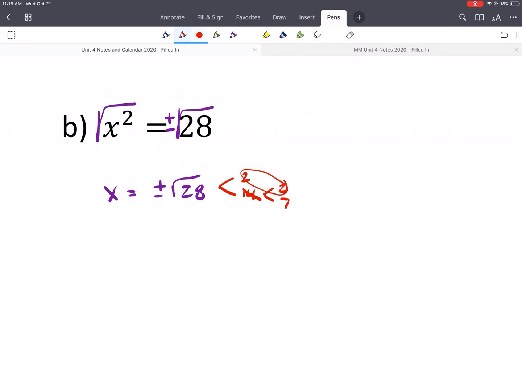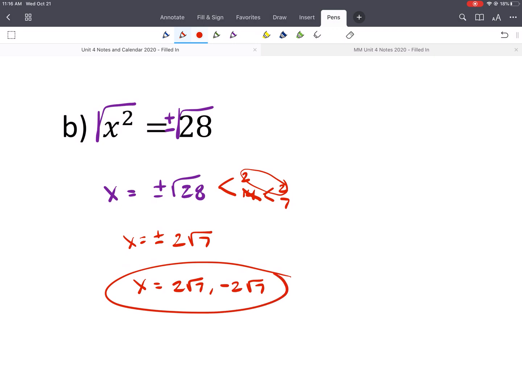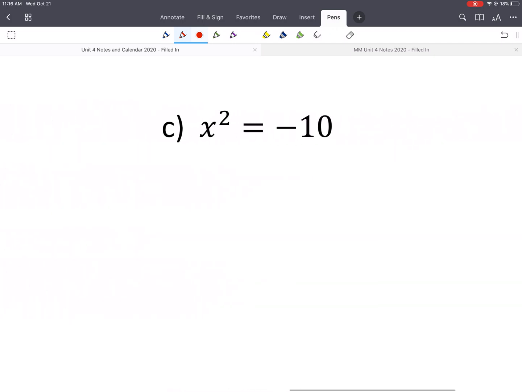So a 2 comes out, so plus or minus 2 square roots of 7. Or x is equal to 2 square roots of 7 and negative 2 square roots of 7. And again, the order of those doesn't matter. If you had the negative first, that would be fine. All right, so give this one a try.